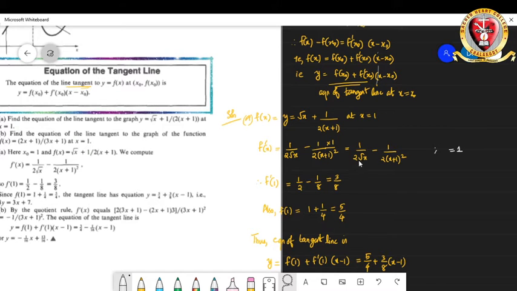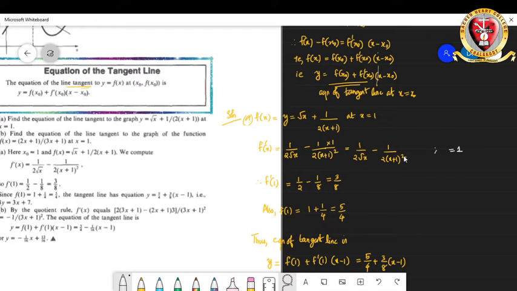So in total you get 1 by 2 root x minus 1 by 2 into x plus 1 the whole square. And substitute for 1, you get f dash of 1 is equal to 1 by 2 minus 1 by 8.